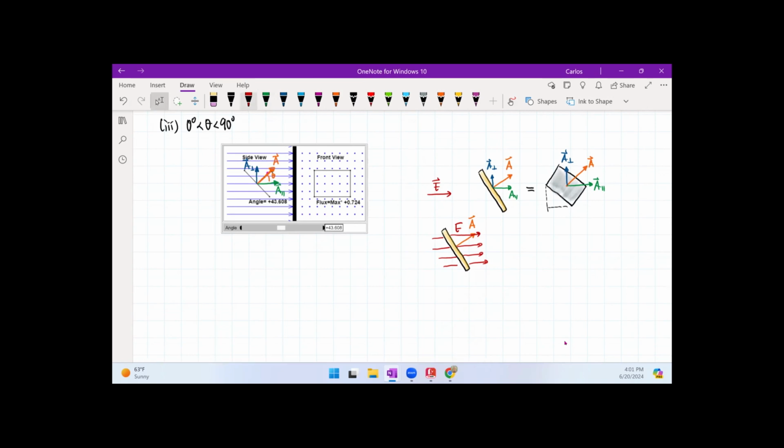So what you're seeing right in here is that the field lines see a reduced area as lines poke through.